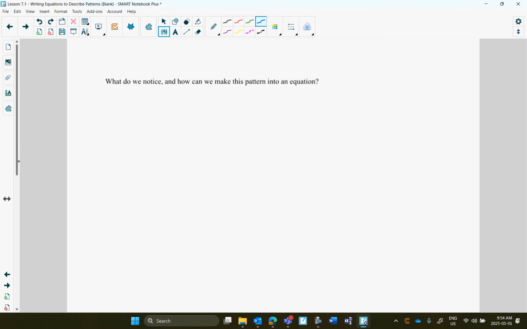So here, what do we notice? Every time we add a table, we add 2 people.